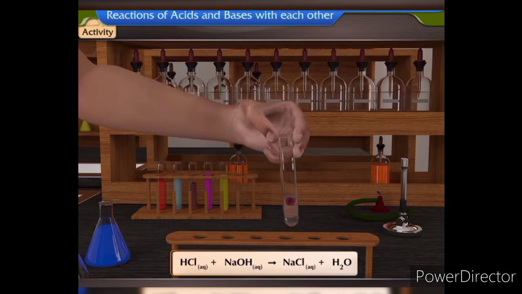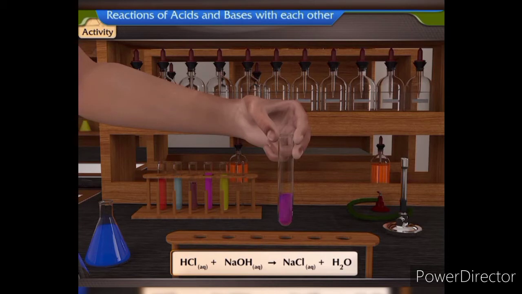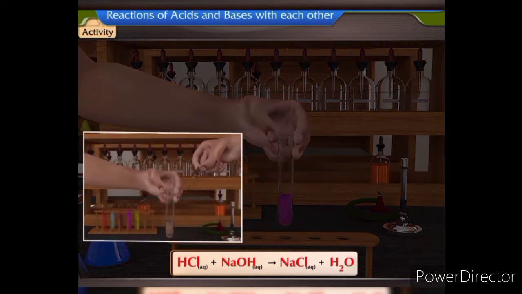Now there is a color change. The solution has turned pink. This happens because hydrochloric acid has completely reacted with sodium hydroxide to form salt and water. The last drop of sodium hydroxide makes the amount of base excess, and thus the color changes from colorless to pink.